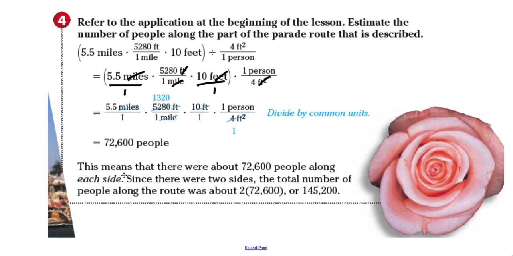And since there are 2 sidewalks, 2 sides, the total number of people along the route was 72,600 multiplied by 2, which will give you 145,200. So in that particular stretch of 5.5 miles, there were roughly 145,200 people standing to watch the Rose Parade. And that's our lesson. Thanks for watching.